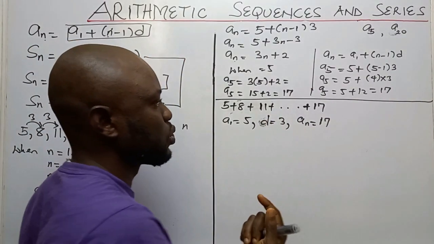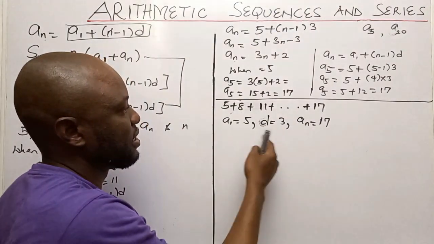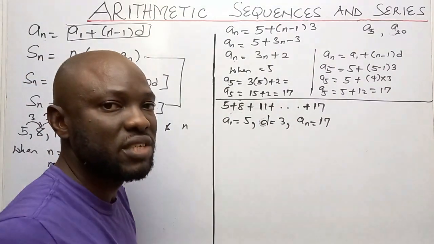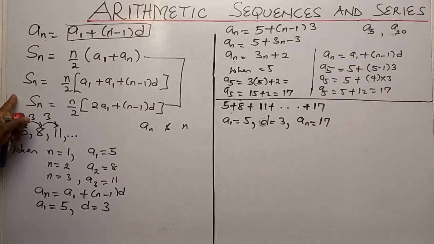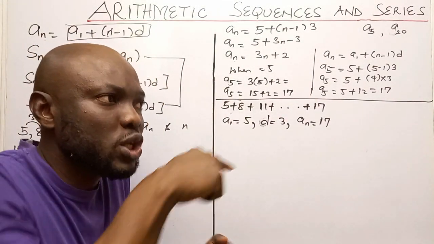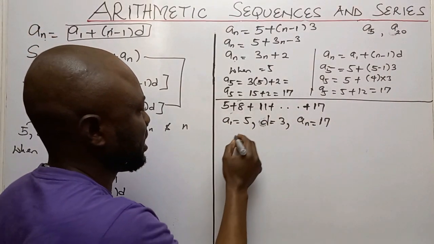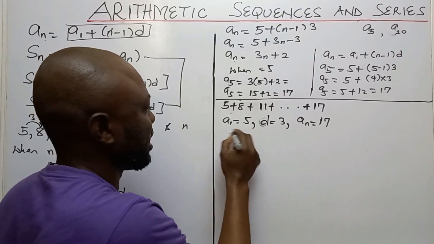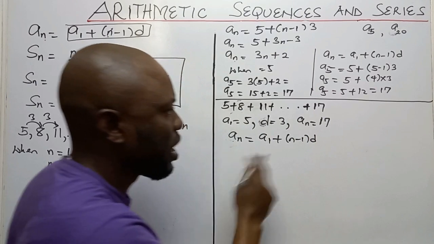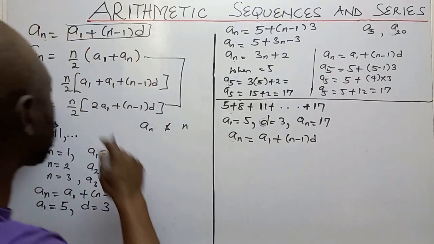You can see in this question that our a sub n is 17, so we need to get the corresponding value for n so that we can find the sum of the first n terms. What does n represent in this question? So now we're going to use a sub n equals a sub 1 plus n minus 1 d. Why am I using this formula? I'm using this formula because I cannot get the sum straight away.